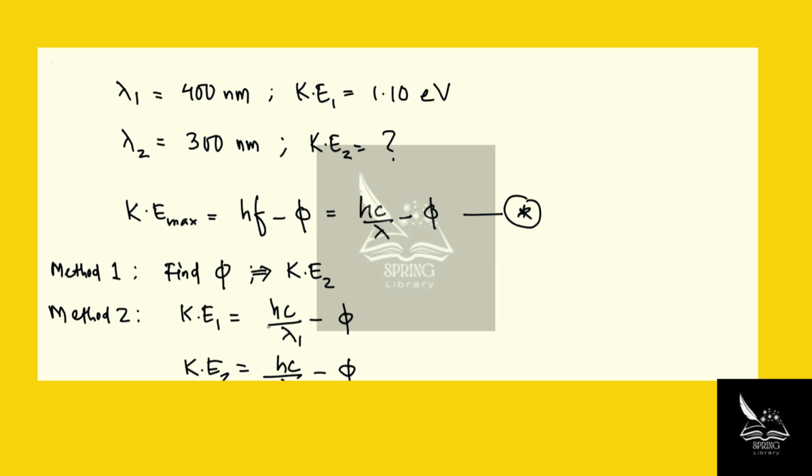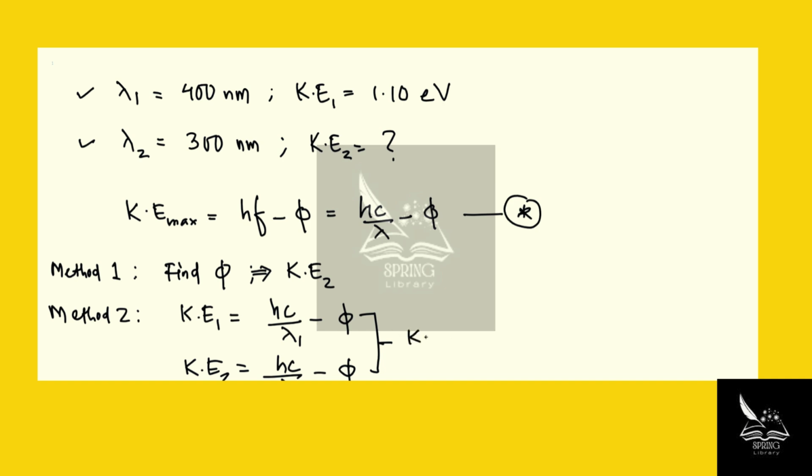So as you can see, these are the different equations of photoelectric effect for these two cases, lambda 1 and lambda 2. So now let's subtract one equation from the other, taking care of the corresponding sides.